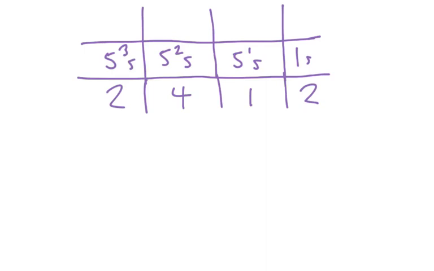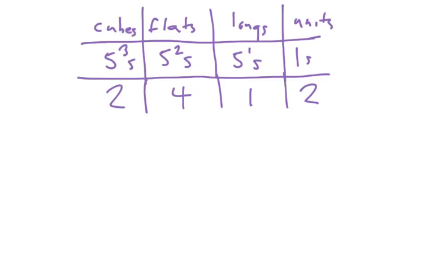Now, the reason I wanted to write it like that is because basically in base 5, what we have here are our units, our longs, because there are 5 units in a long, our flats, and our cubes.